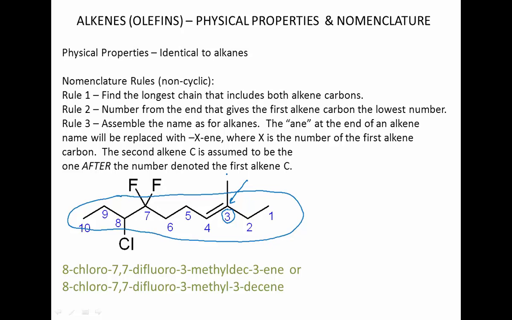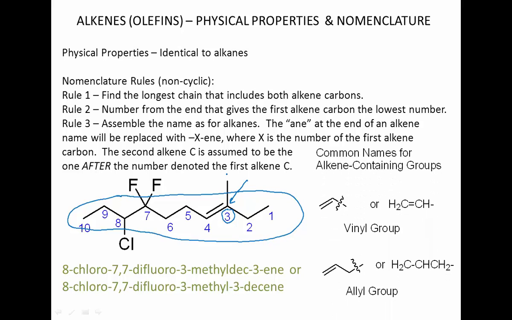An older rule would have you putting the 3 in front of the dec, but either way is okay on your exam, but I think the top method is now considered the more acceptable way to do it. We're giving the position of chlorine and fluorine kind of high numbers, but that's because the alkene takes priority in the numbering system. Okay, here's some common names for alkene-containing groups. 2-carbon alkene group.